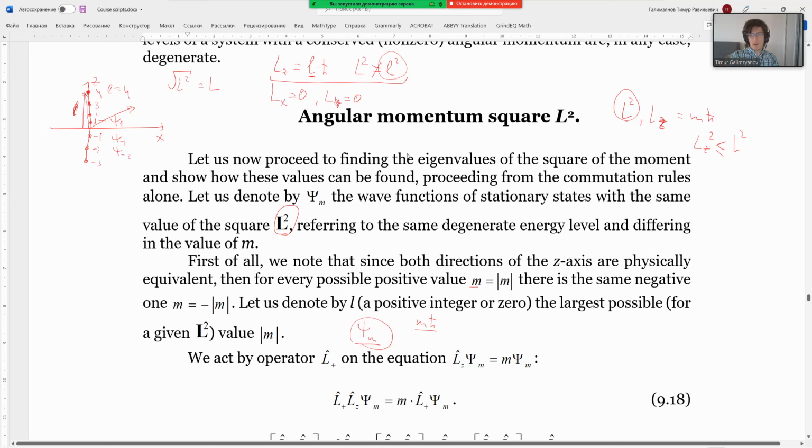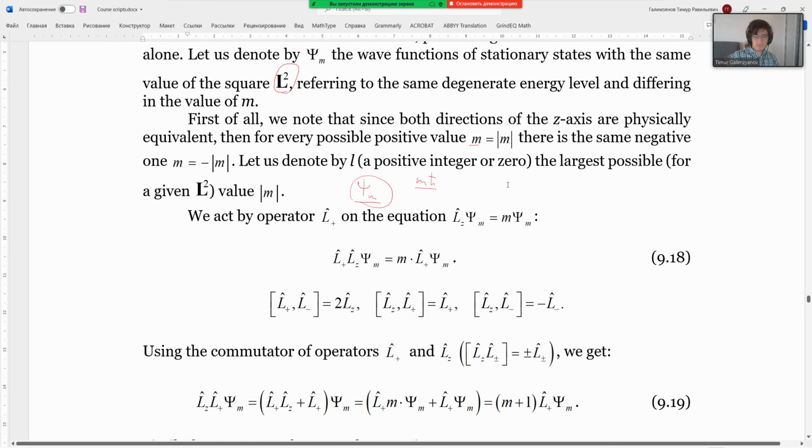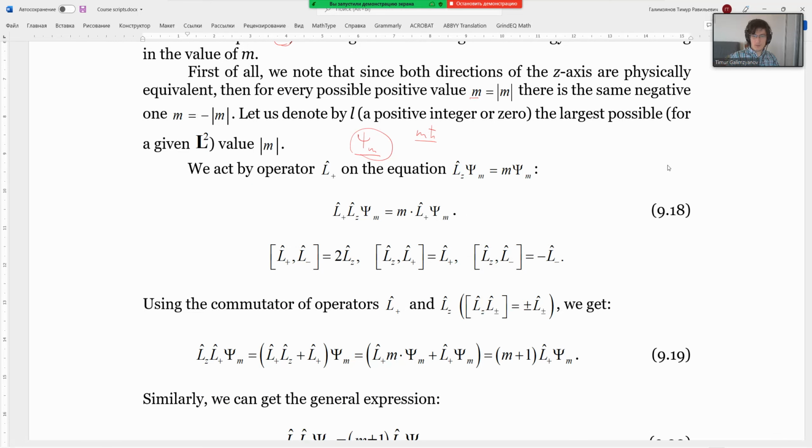Those are the states corresponding to a definite projection of the angular momentum on the z-axis. That means that psi m is an eigenfunction of Lz, so the following relationship holds.